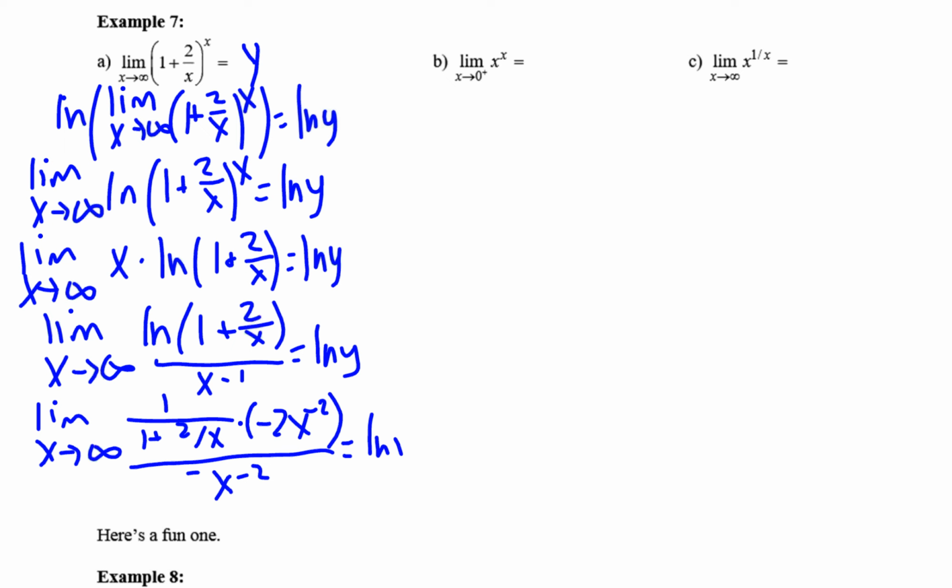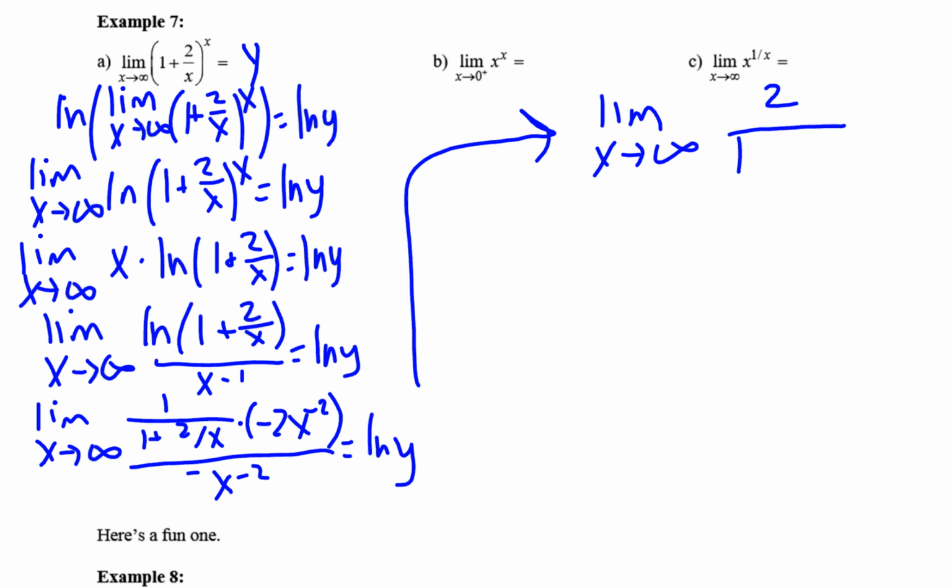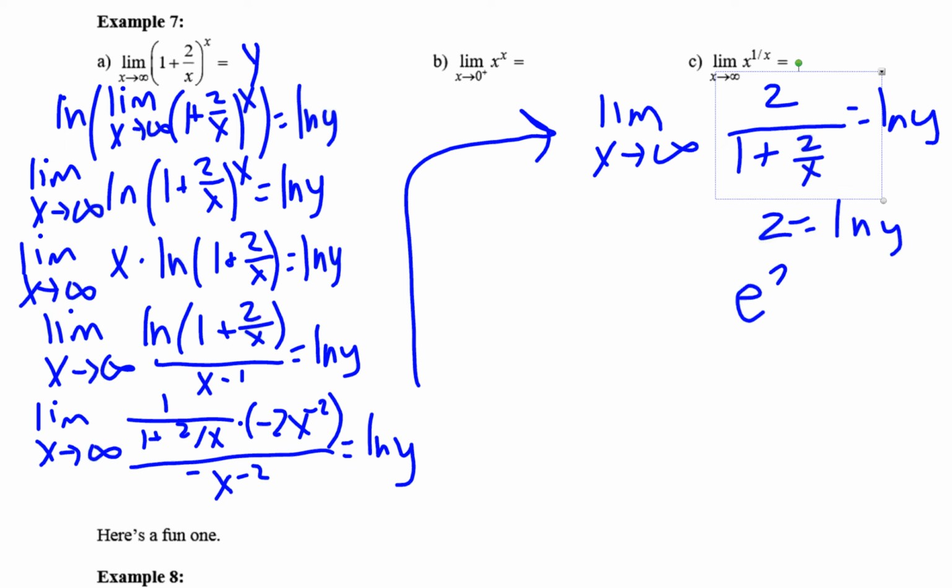That's good. So the limit as x approaches infinity of 2 over 1 plus 2 over x equals ln y. Plug in infinity, 2 over infinity is 0, 2 over 1 is 2. So 2 equals ln y, e squared is y. Wow, what an exciting problem.